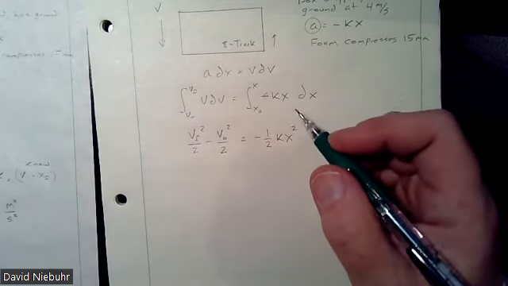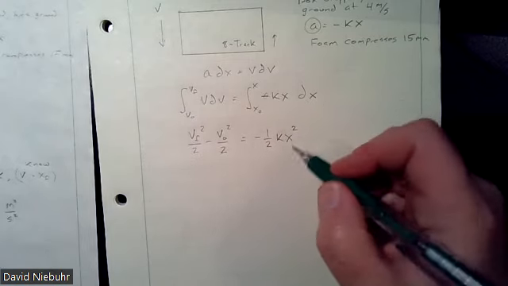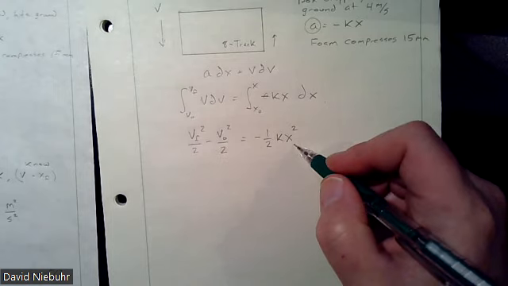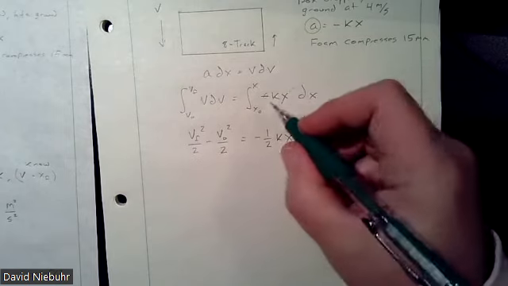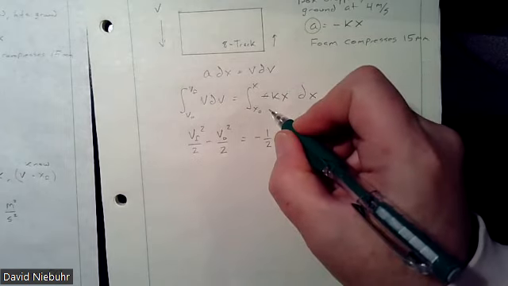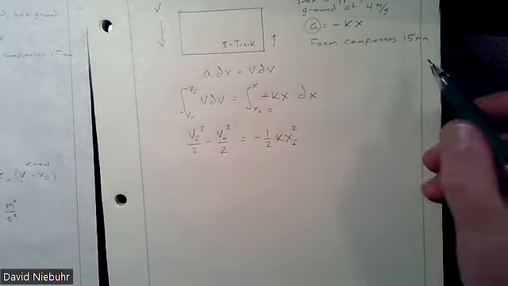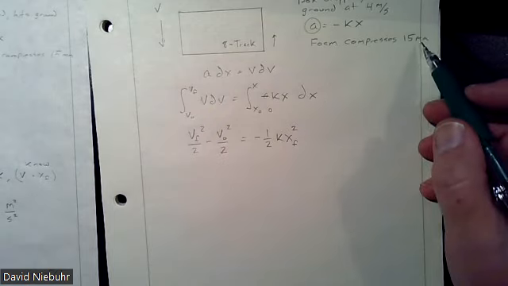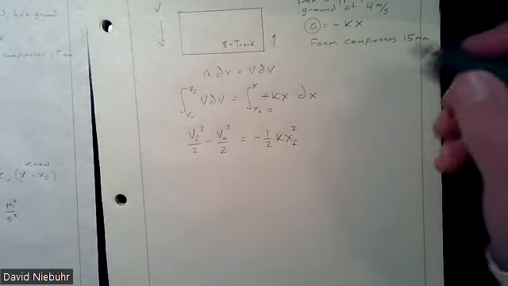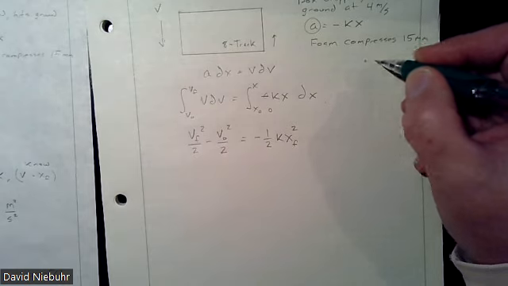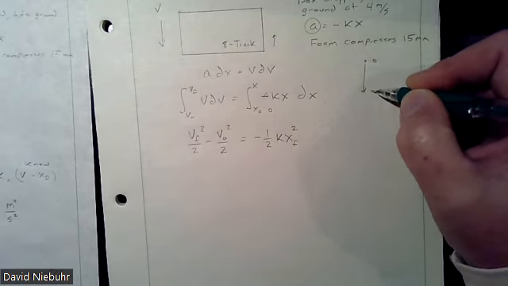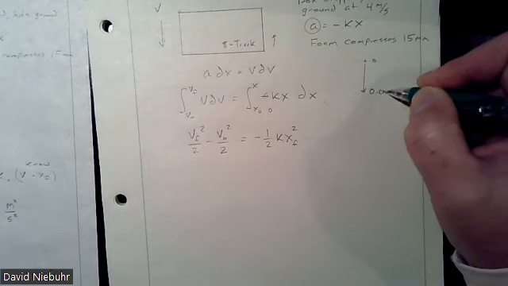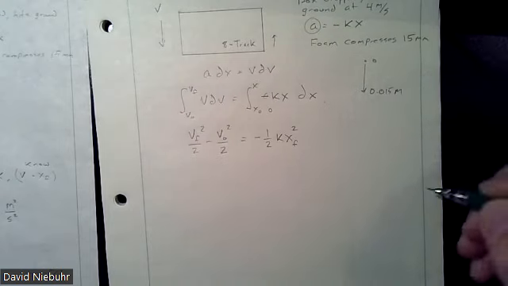We'll say this is x final because x initial we're going to assume is 0, because we know it compresses 15. The whole compression goes from 0 here down to the final, which is 0.015 meter.